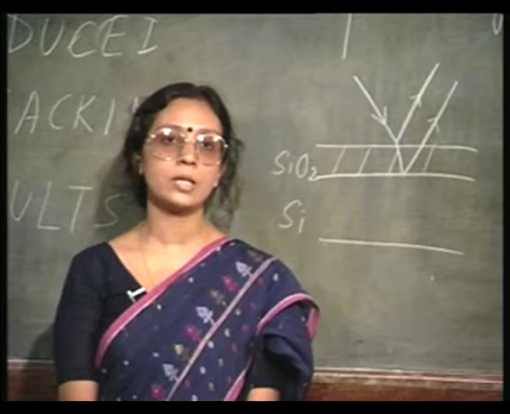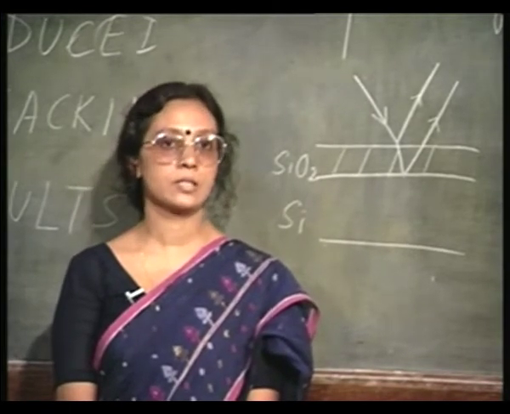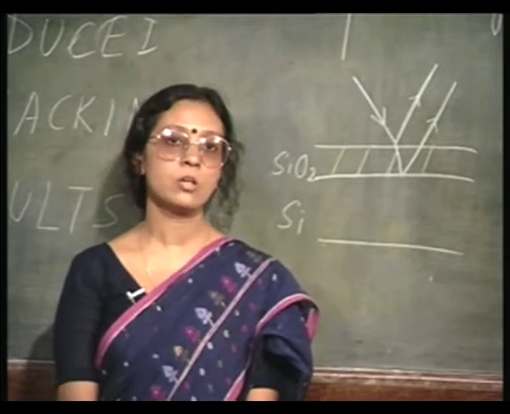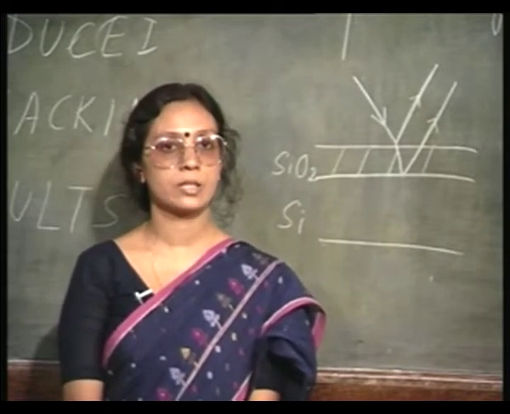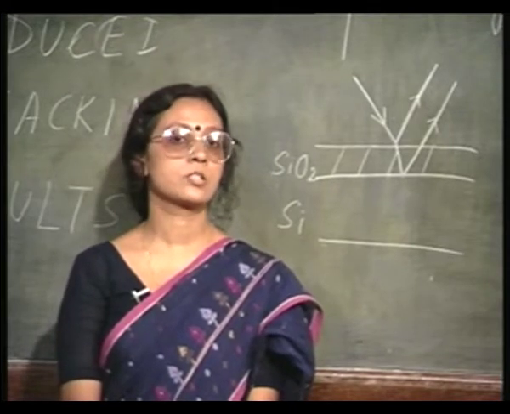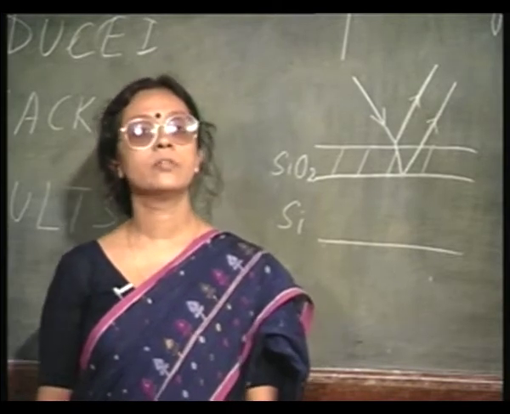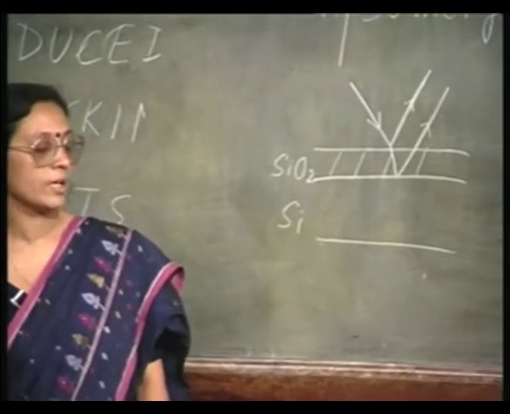So, that means that one has to know the order of magnitude of the oxide thickness, whether it is 2000 angstrom thick or 4500 angstrom thick. Within this 2500 angstrom limit, the oxide thickness can be determined with a very large degree of accuracy.